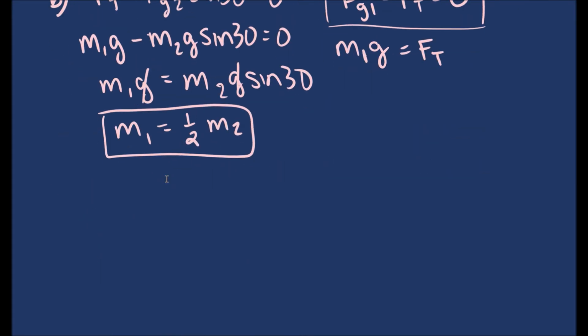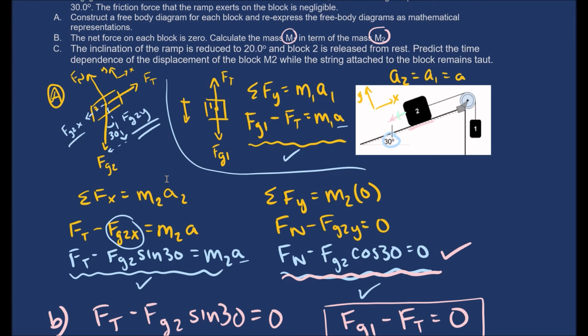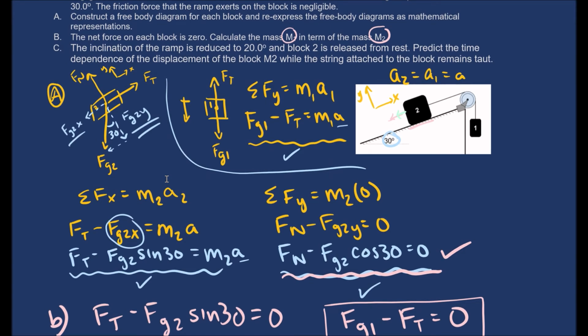Okay, so in C, we're asked to determine the time dependence of block m2, if the string remains taut, so if the system accelerates together. So what we want to do is use Newton's second law to find that acceleration, and then we can use that acceleration to find our time dependence of the displacement.